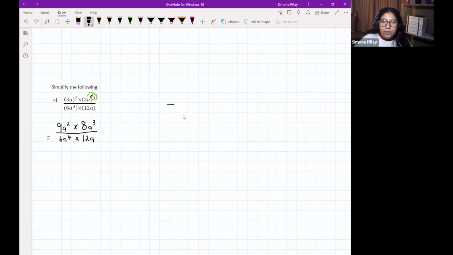It's only when we're doing addition or subtraction outside of my brackets that I have to do the distribution in. So remember, different rules for like terms, different rules for exponents. When we're dealing with multiplication and division, we deal with our exponent rules. So for now, I could just remove my brackets.